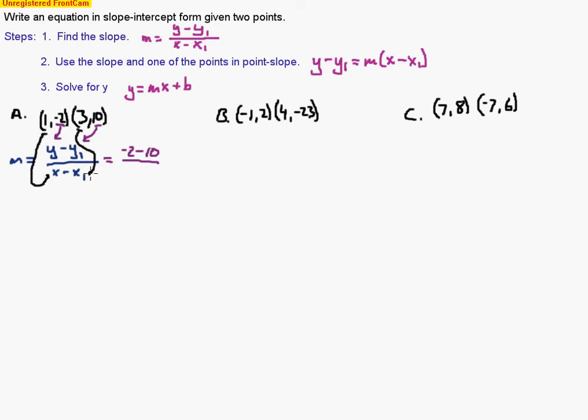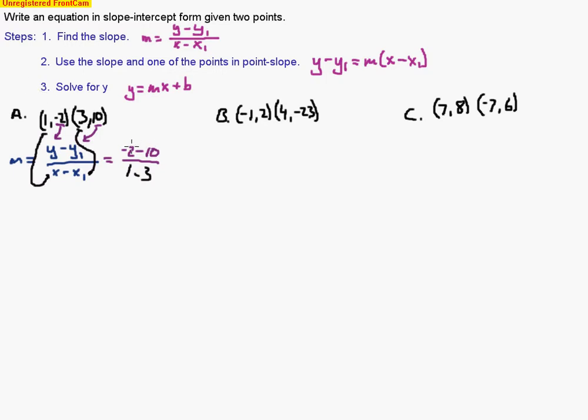And so when we do this, see how I started with -2? I've got to start with the same point's x value. So I'd start with +1. So I write this as 1 minus 3. Whenever I've got a subtraction problem and I have some negatives, I always add the opposite.